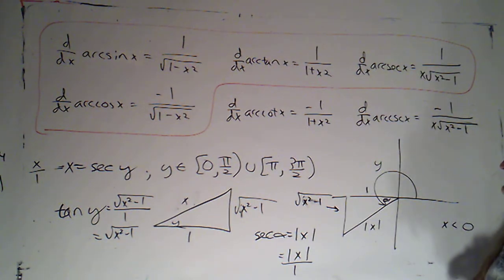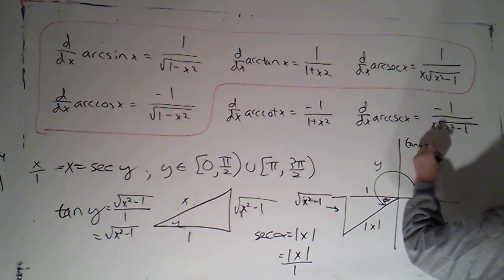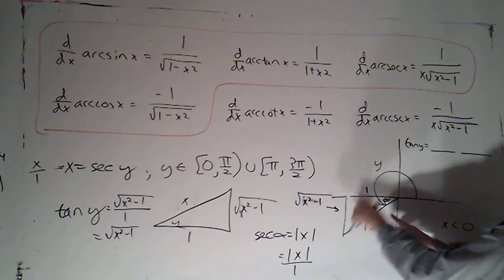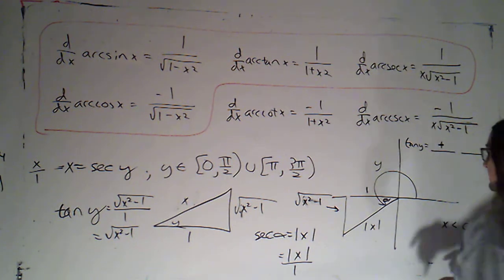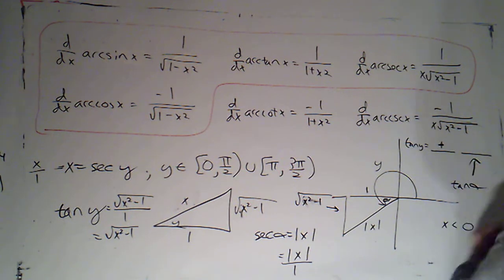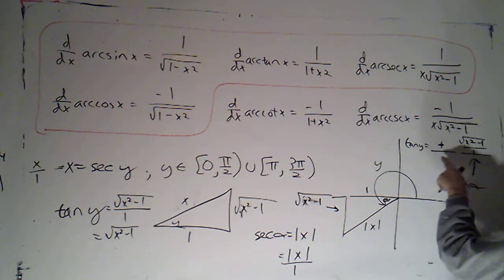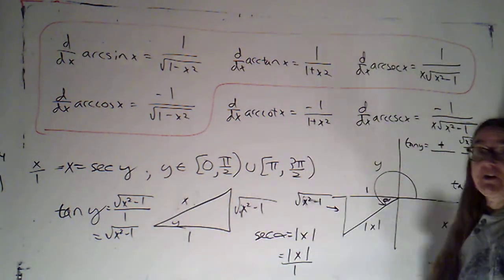Okay. And so then I could calculate the tangent. And I would say tangent of y, it's going to be a two-step process. We're in quadrant 3, so it's going to be positive. And then I'm going to just attach tangent of alpha here, which would be root x squared minus 1 over 1. So I get the same formula that I got in quadrant 1.